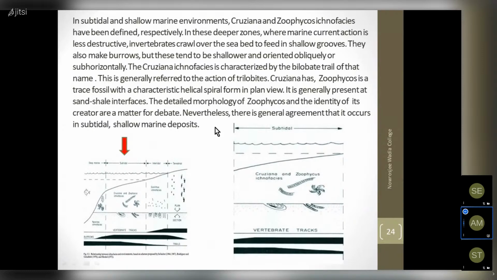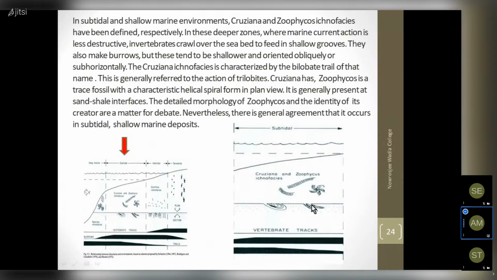Also invertebrate pores, as you can see here, tend to take the shape of being shallower and more oriented obliquely or subhorizontal.